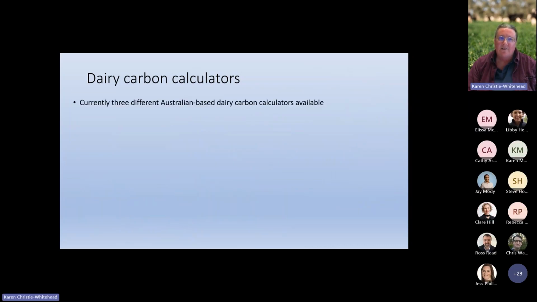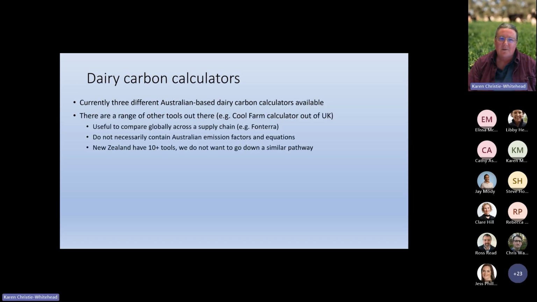So currently there are 3 different Australian-based carbon calculators available in Australia. They're all free and easily downloadable or accessible. I just want to touch on a range of other tools out there that you can just as easily access, for example, the Cool Farm calculator that comes out of the UK.